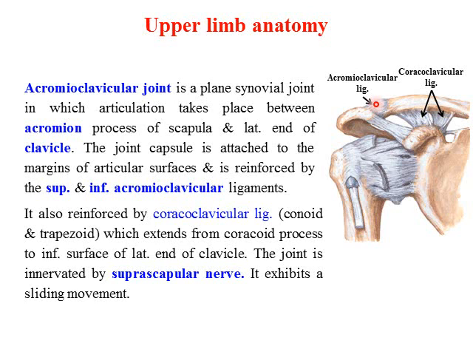In addition to that, the acromioclavicular joint is reinforced by the presence of the coracoclavicular ligament, which arises from coracoid process of scapula by its two parts, the conoid part and trapezoid part, to be inserted into the inferior aspect or surface of the lateral part of the clavicle.